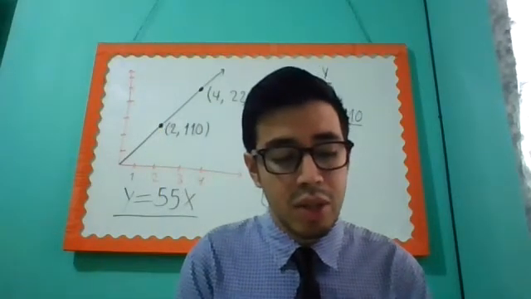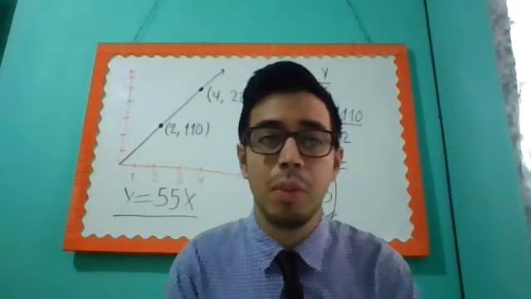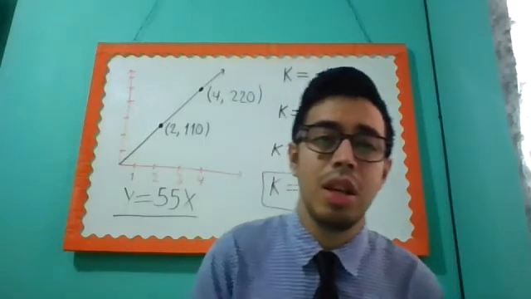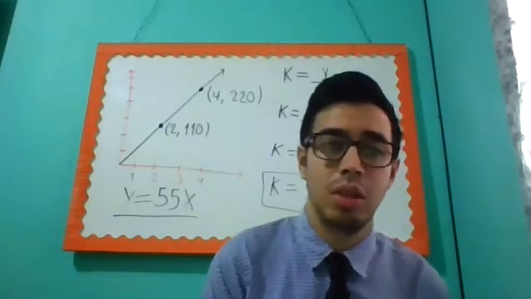In proportional relationships, a slope is the same as the unit rate and constant of proportionality. Okay, the slope, that is why I'm using the K. I'm using the same variable because it's going to be the same.